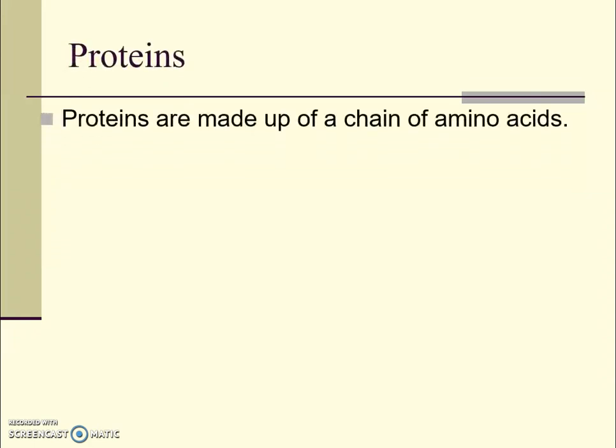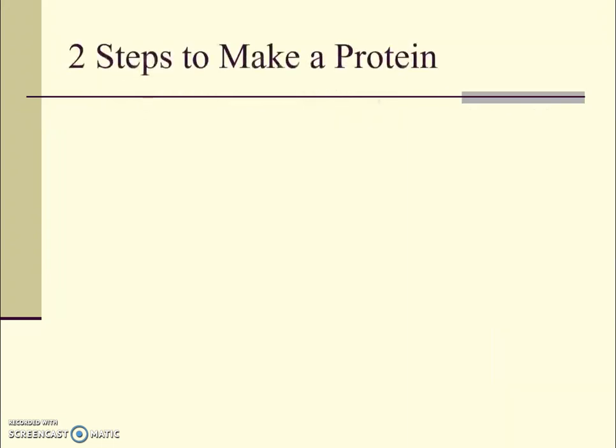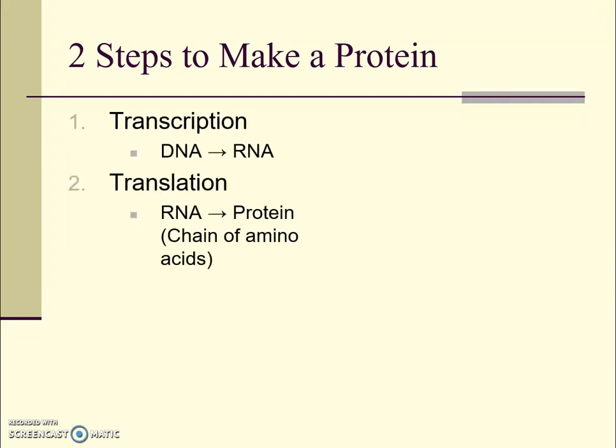So what's a protein? Protein is a chain of amino acids. It's one of the 4 macromolecules, and this is the structure of a primary protein, where you see amino acids are attached to each other in a single strand. The 2 major steps of protein synthesis are transcription and translation.